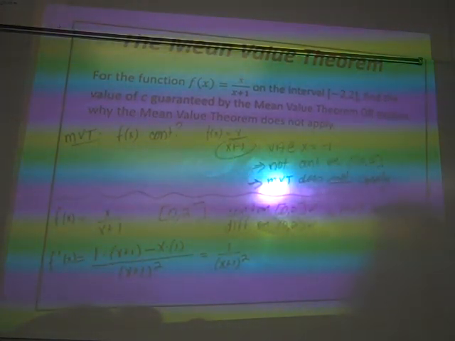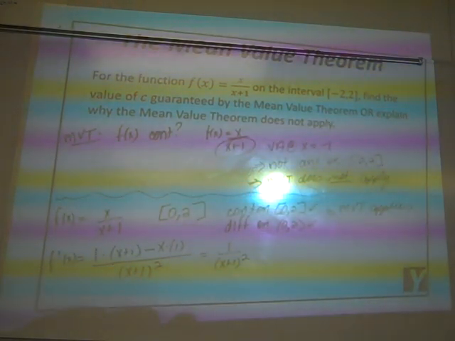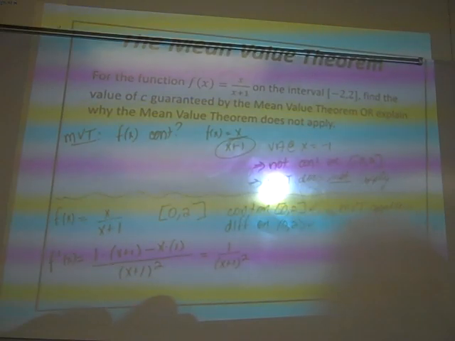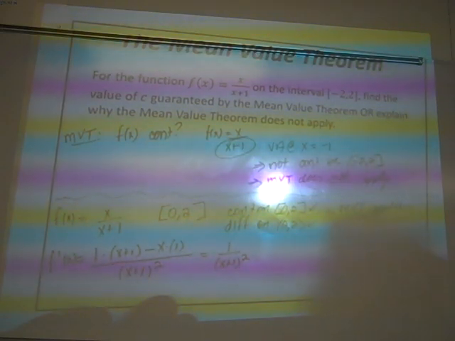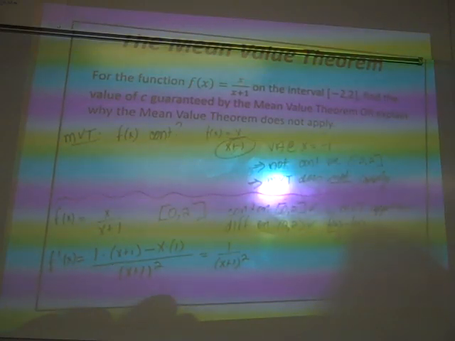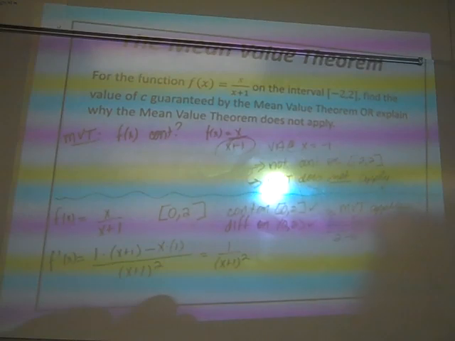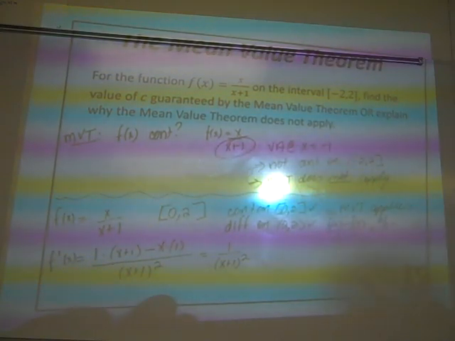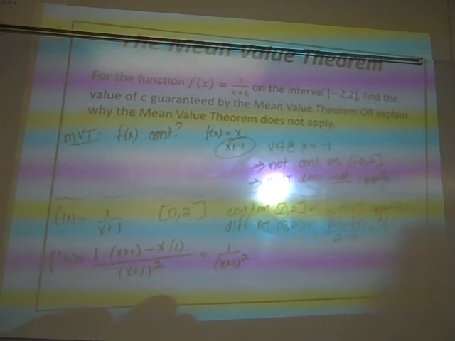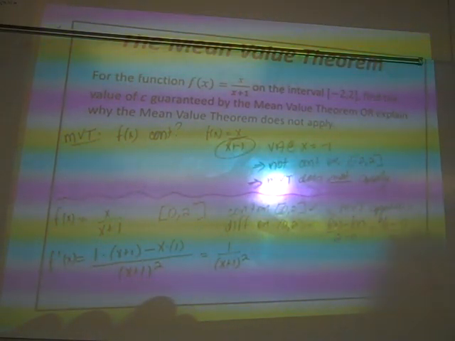And our job now is to find the value of c. The special value of c, we need to find the slope of the secant line. So f of 2 minus f of 0, over 2 minus 0. F of 2, we go back to the original, that's 2/3. F of 0, 0 over 0 plus 1 is 0, over 2 minus 0, which is 2.